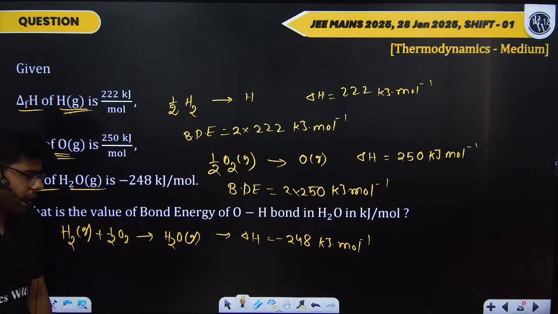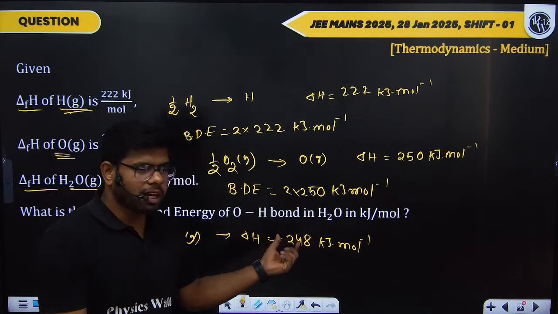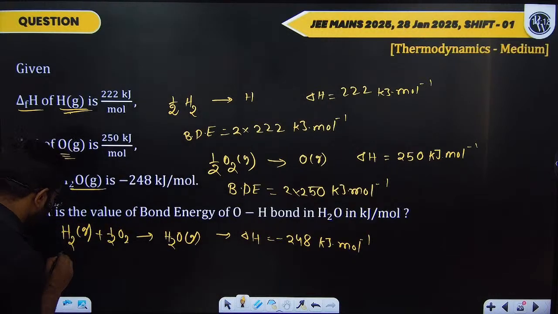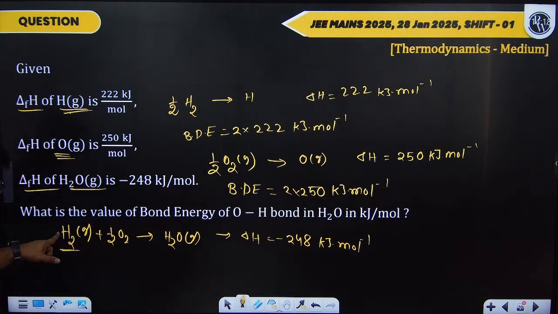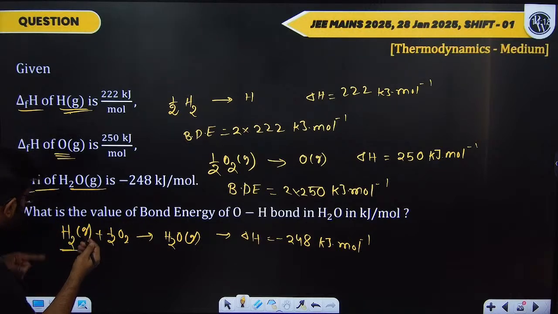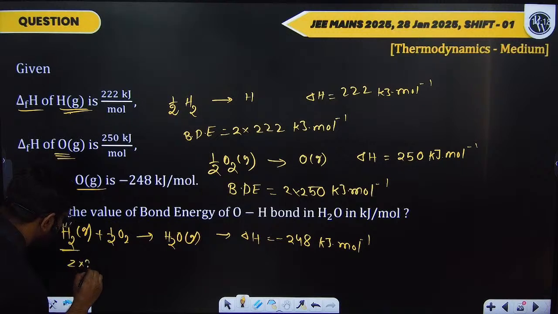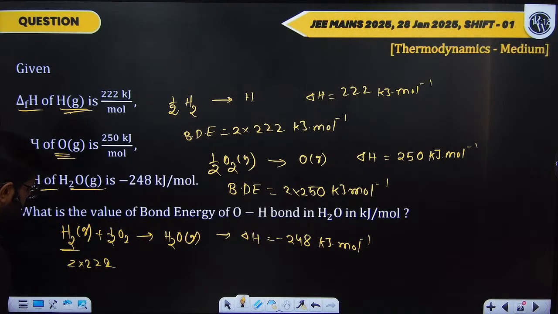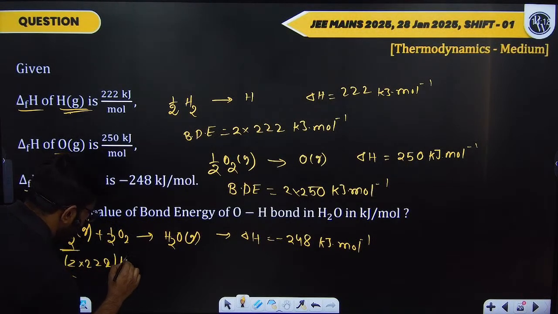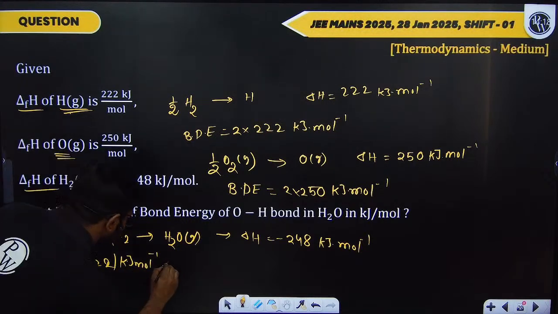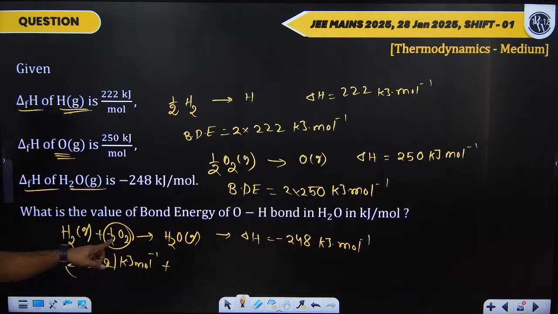For any reaction, you can write down the enthalpy of reaction in terms of bond dissociation as well. So here you need to put the bond dissociation of hydrogen, in kilojoules, correct? Now here I need the bond dissociation of O divided by 2.